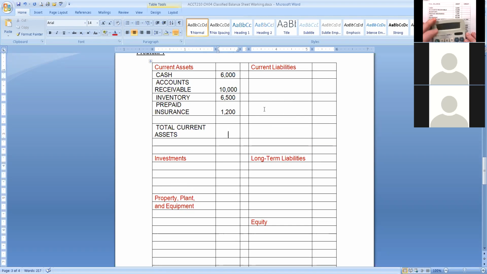The total is $23,700. So that's the total current assets.